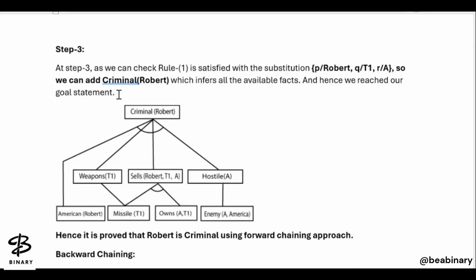Now, what is a definite clause? It is a clause which is a disjunction of literals with exactly one positive literal, known as a definite clause or a strict Horn clause. Now, what is a Horn clause? It is a disjunction of literals with at most one positive literal, right?